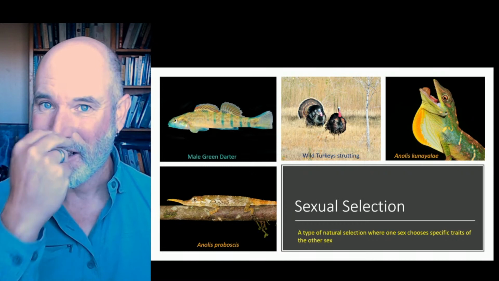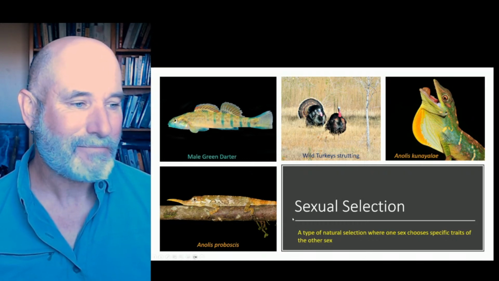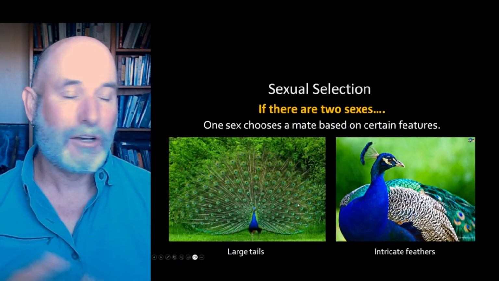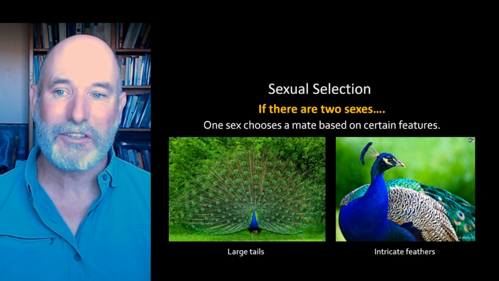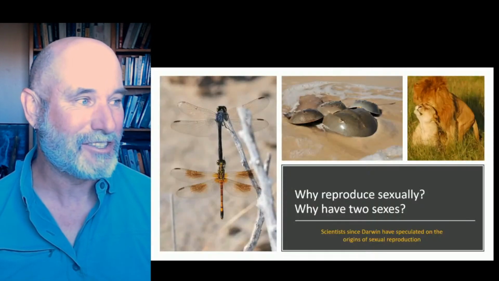He's got the long nose on there, and basically these are all sexually selected traits that they have. And of course, obviously the peacocks. These are like the epitome of sexual selection.